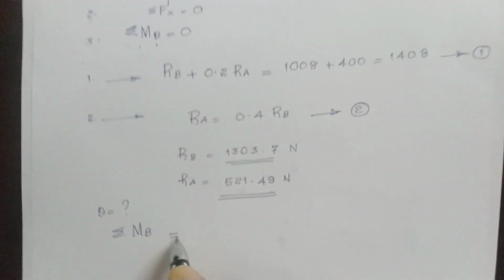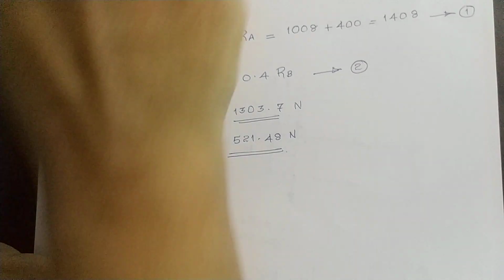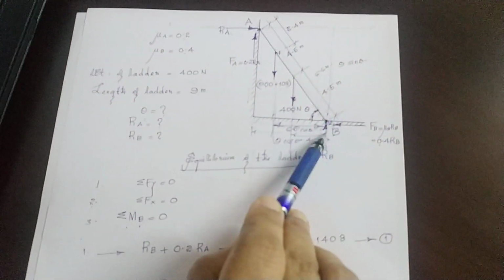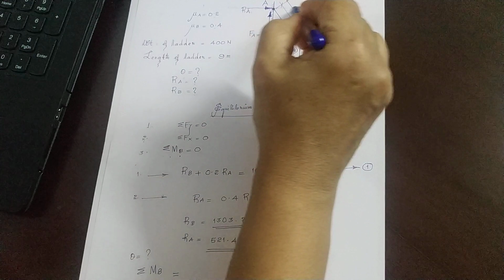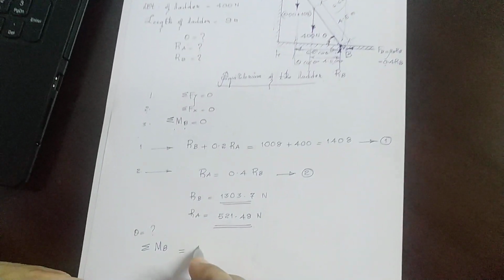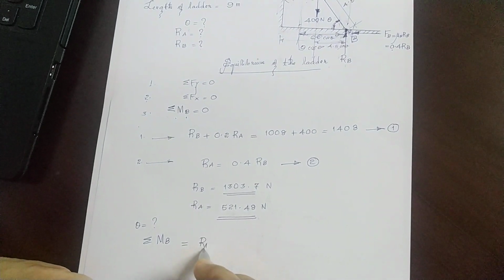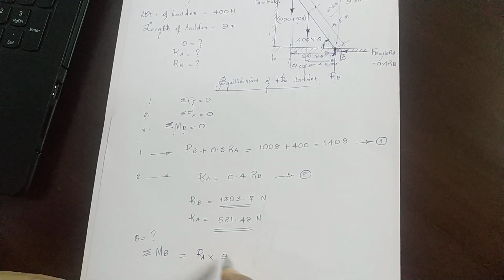Sigma MB is equal to, first, the moment of RA about B. It makes a clockwise moment about B. RA being this about B, it has a clockwise moment. So it is RA into 9 sin theta.